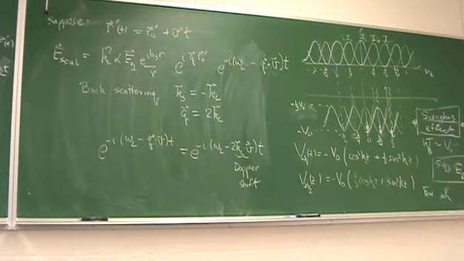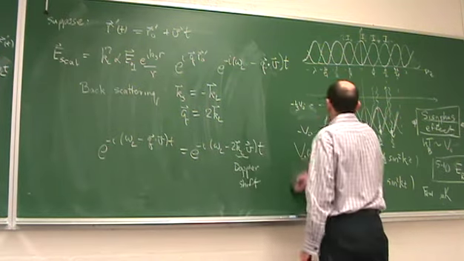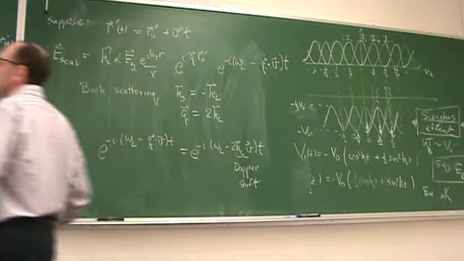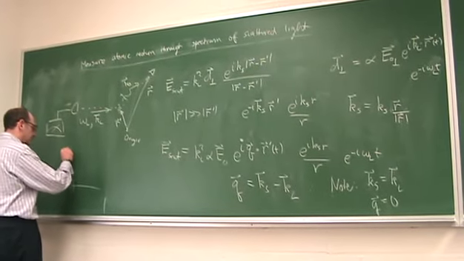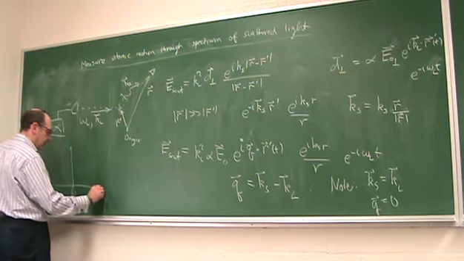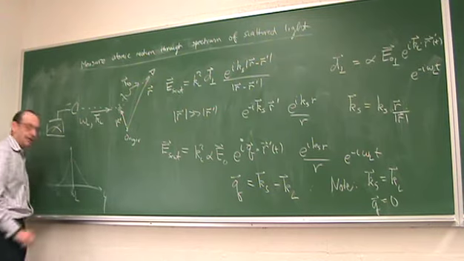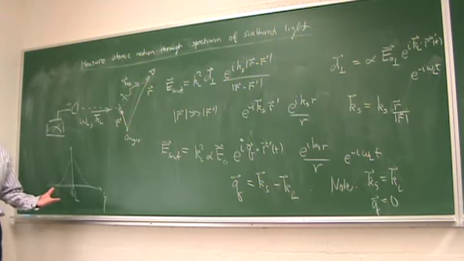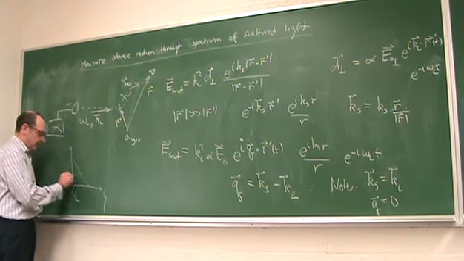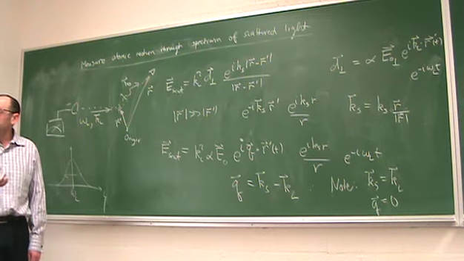What would I expect to see? Here's the frequency that I put in. I would expect to see some kind of Gaussian distribution of frequencies with a spread related to the temperature because of the Doppler shifts.